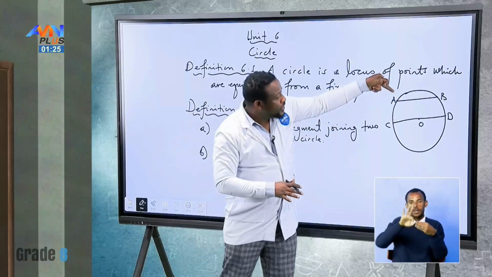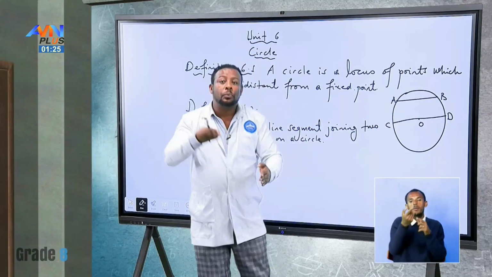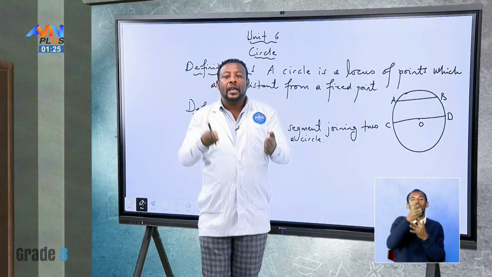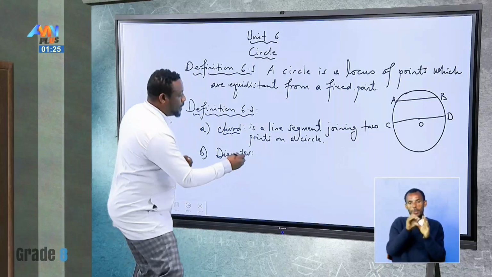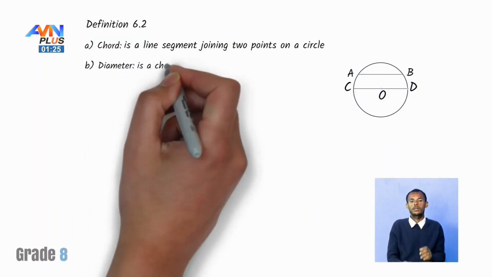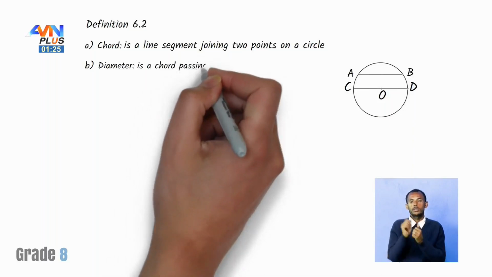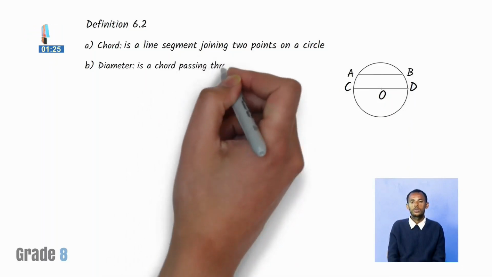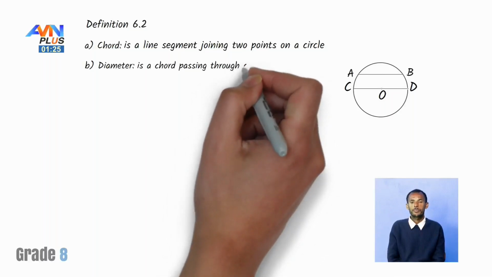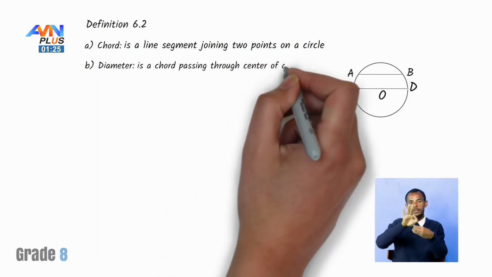It can be sketched in any manner, but it should pass through the center. So a diameter is a chord passing through the center of a circle.